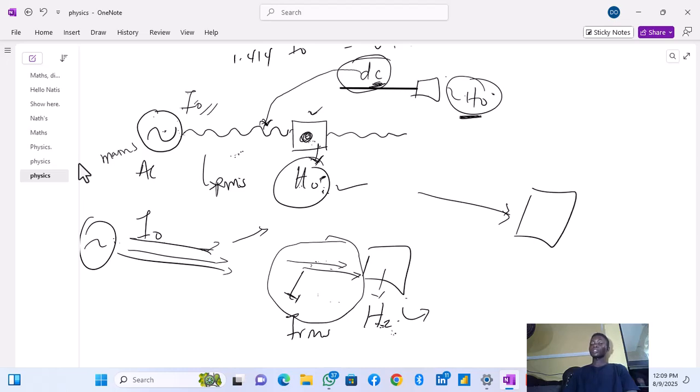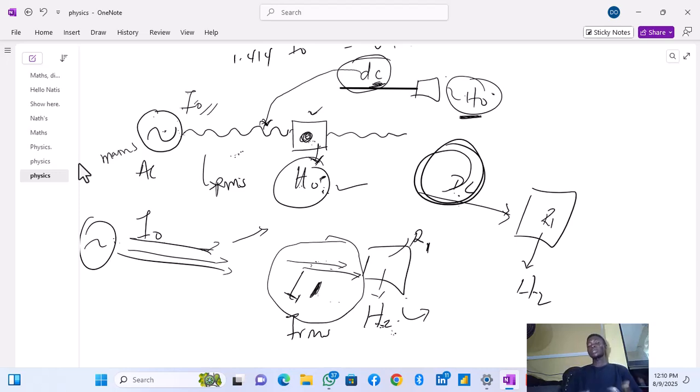Let's say this resistor is R1, this one too must be R1. So I'll apply some DC current to this R1, such that it will produce H2 for me. So this DC current that is producing this H2 is the same thing as this RMS current here.